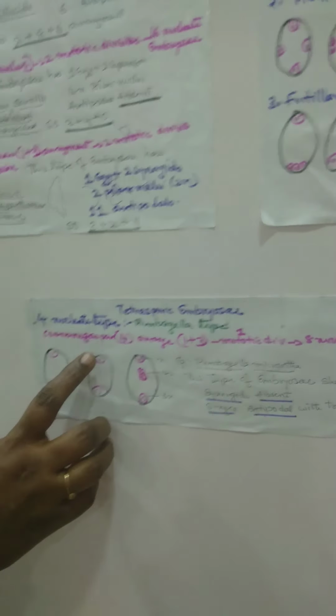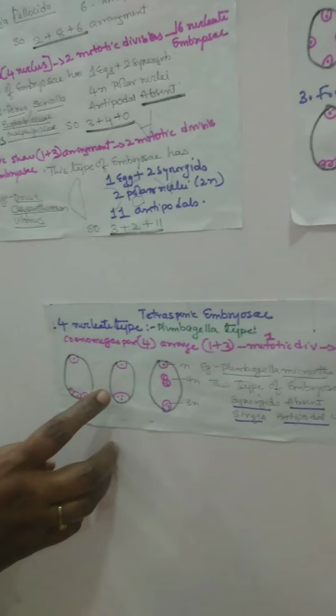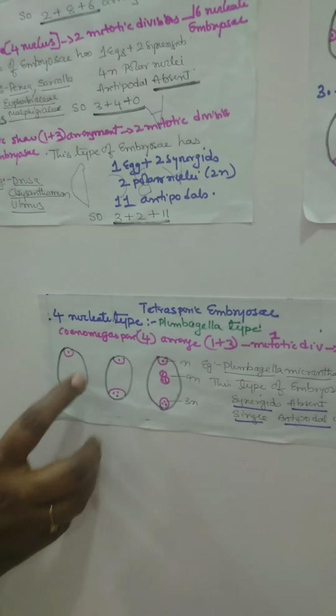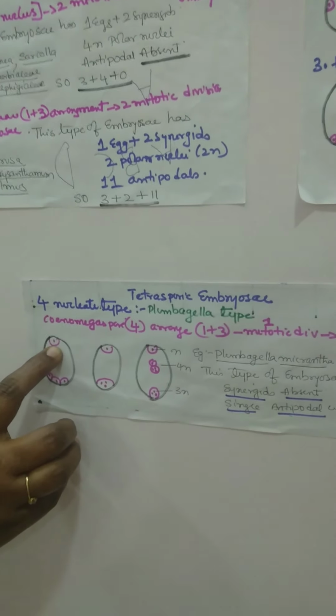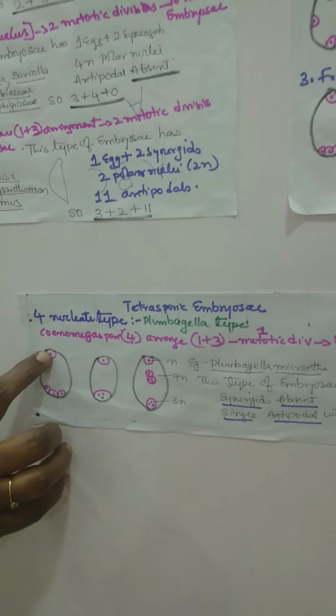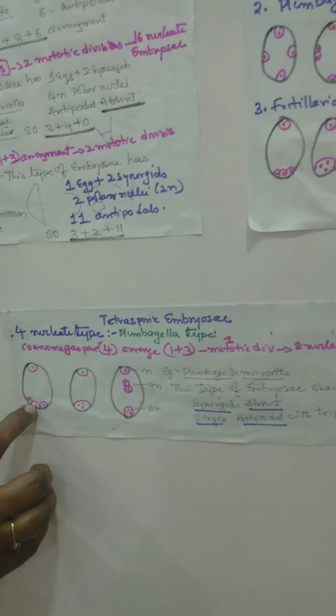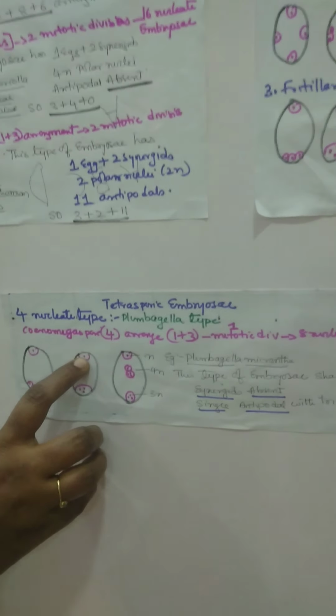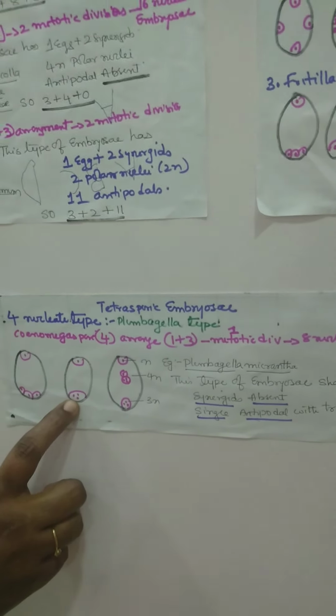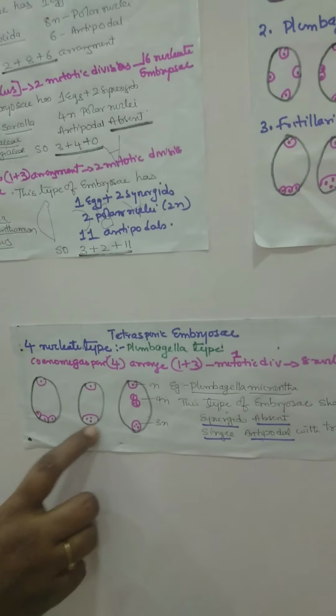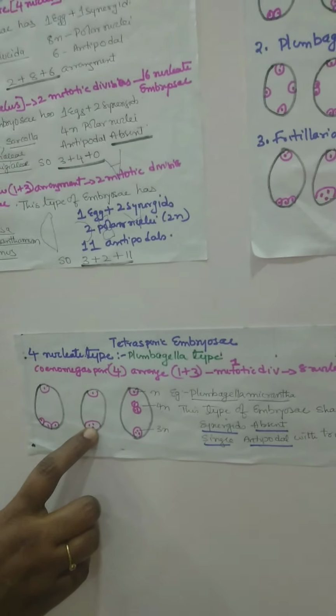Okay, so what we see here is that the megaspore here is arranged in the same way as in Fritillaria, that is 1 nucleus on the upper side and 3 nuclei on the lower side, and we find that the upper side functional megaspore remains as such, whereas the lower side 3 nuclei fuse together to form a triploid nucleus.